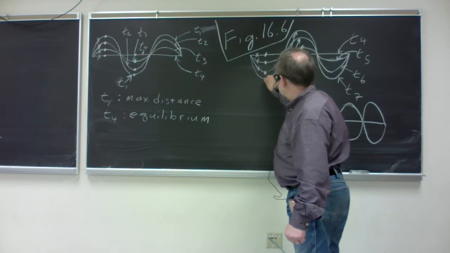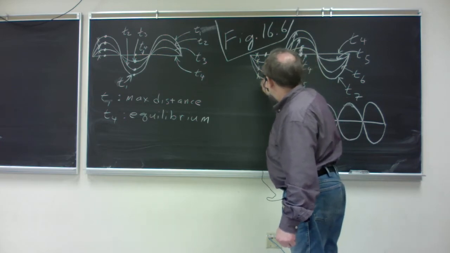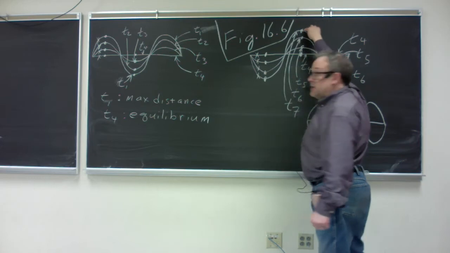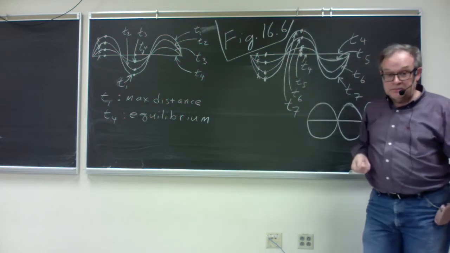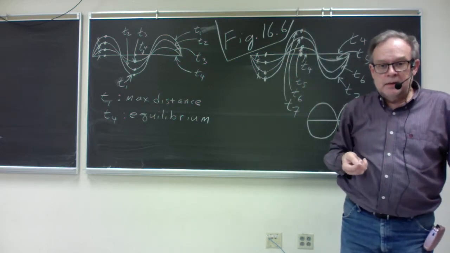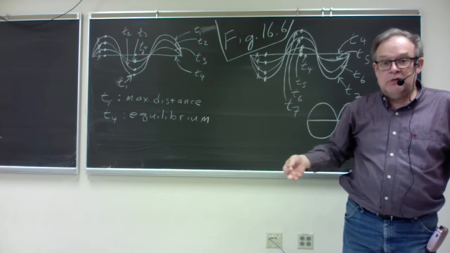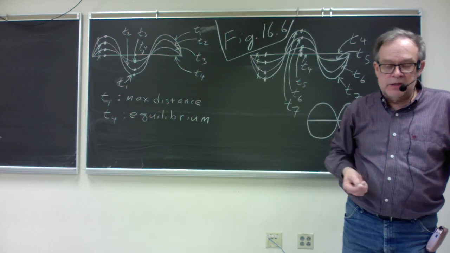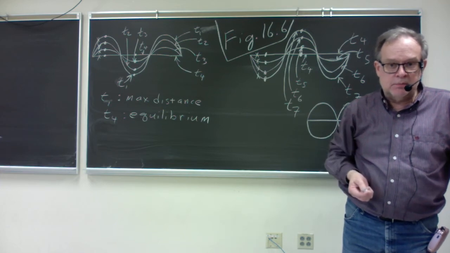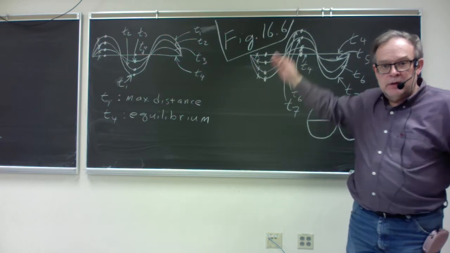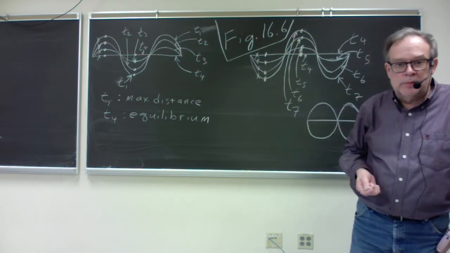So this bit of string is here, this bit of string is here, this bit of string is now here. And again, being at the maximum distance away from equilibrium, it's not getting any farther away, so it means it must have stopped at that point. Stopped, and then so it can turn around and immediately start moving back towards equilibrium after that time.